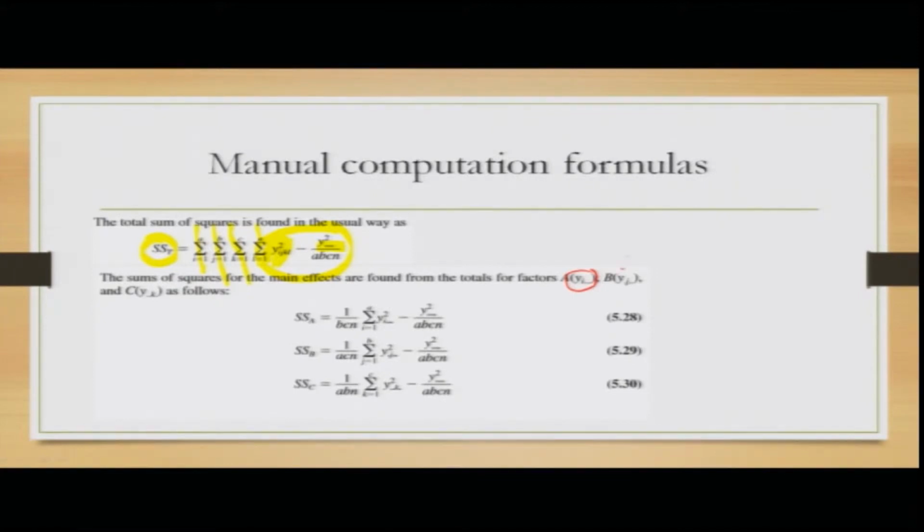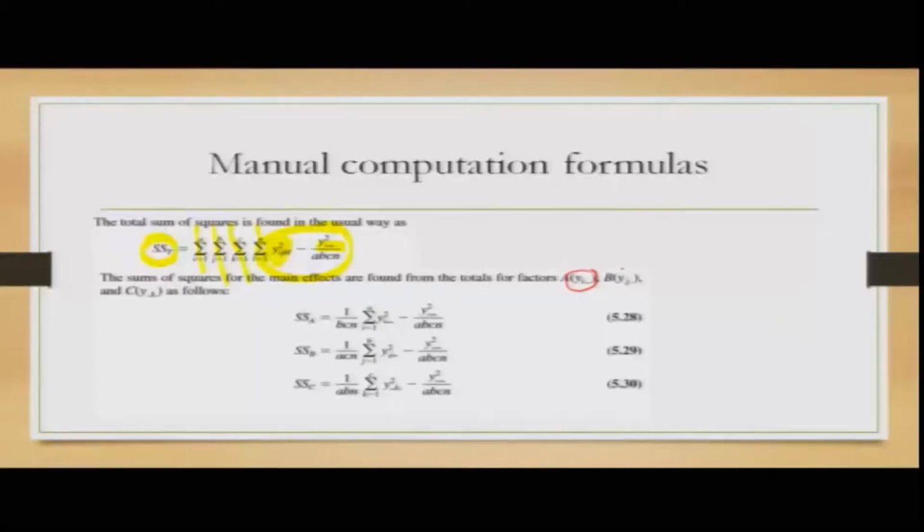If I go to B, obviously B is for the column or the second factor, so the dot should come in the first, third and fourth places and j would change. Sorry, my mistake. So j would change, and the summations would be done for i, which is a, for k, which is c, and for l, which is n.